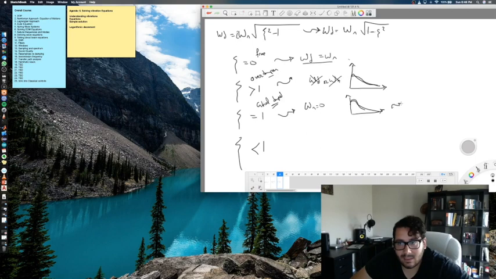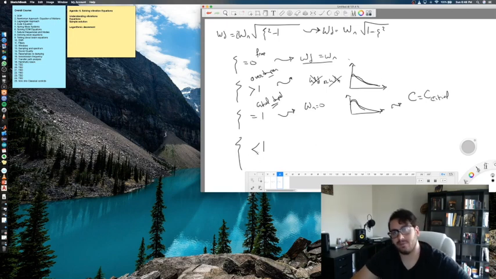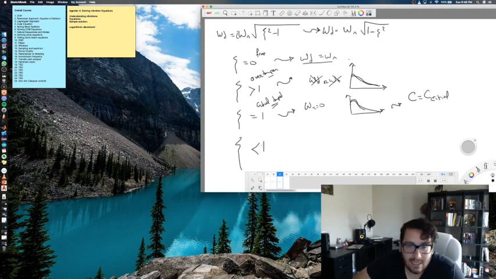Mainly the name is critically damped because your C is going to equal your C critical, which is what we've talked about before for a 1 degree of freedom system. Now let's consider a situation where zeta is less than 1. Then this is positive, and we get omega d as a function of omega n.